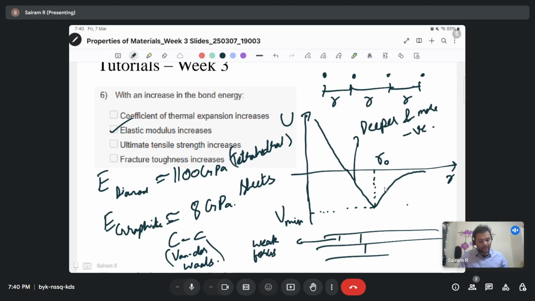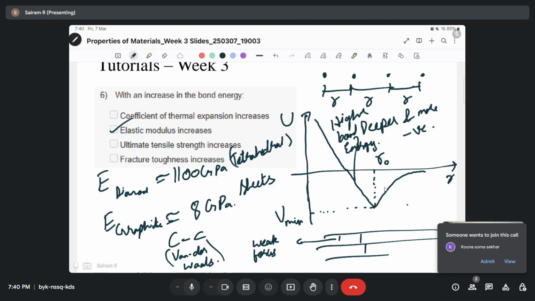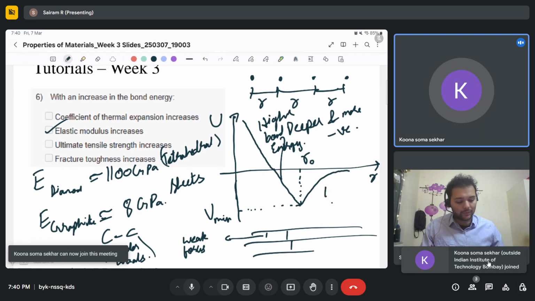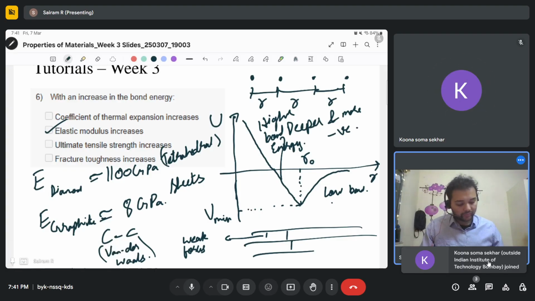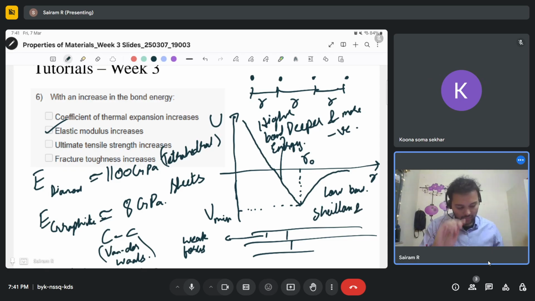For atoms with low bond energy, we will have a shallower pit, not excessively negative.